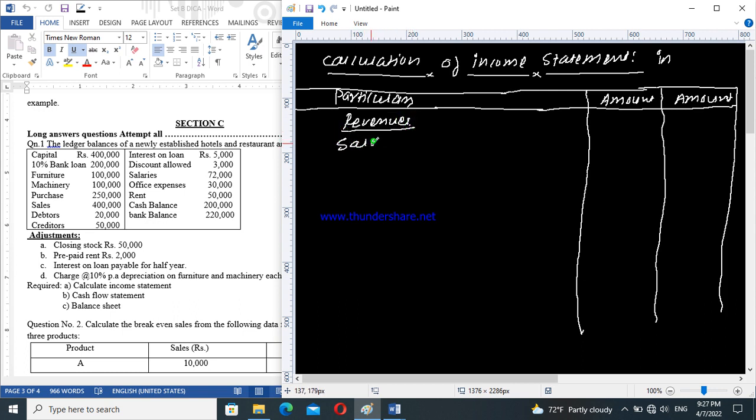Sales, we have 4 lakh, less cost of sales, which is equal to opening stock plus purchase minus closing stock. Therefore, opening stock is 0.